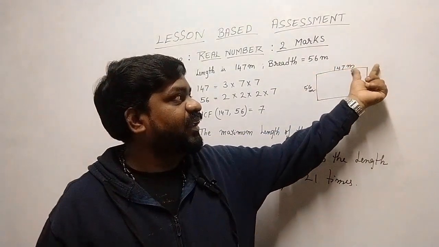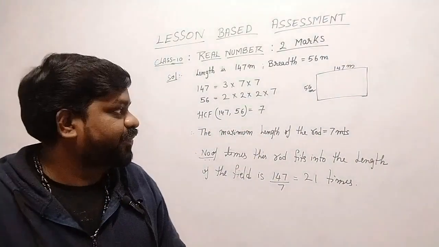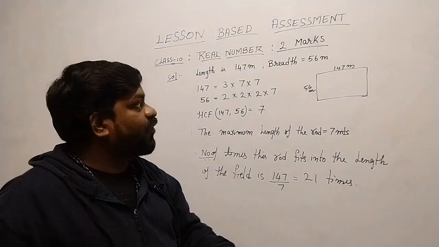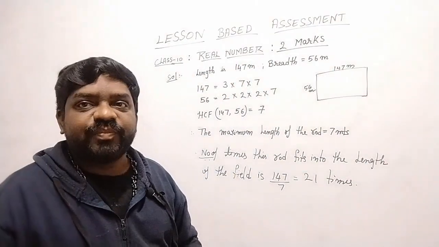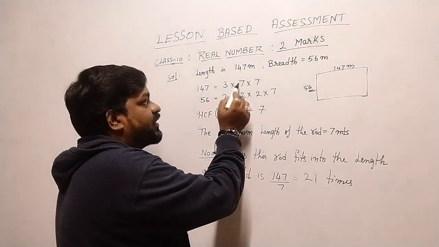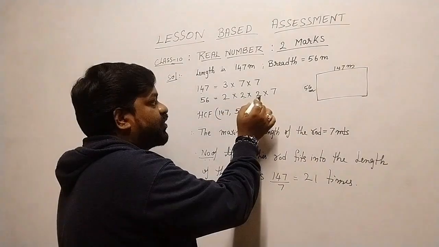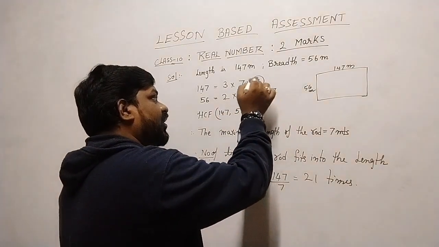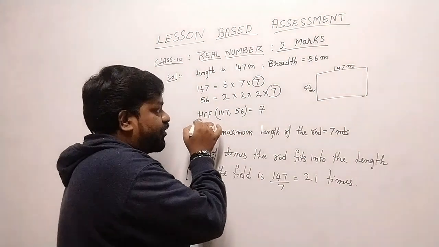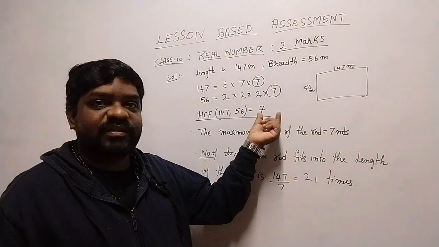To find this, we need to calculate the HCF of 147 and 56. 147 can be represented as 3 into 7 into 7 and 56 as 2 into 2 into 2 into 7. The only common factor is 7. Therefore, the HCF of 147 and 56 is 7.